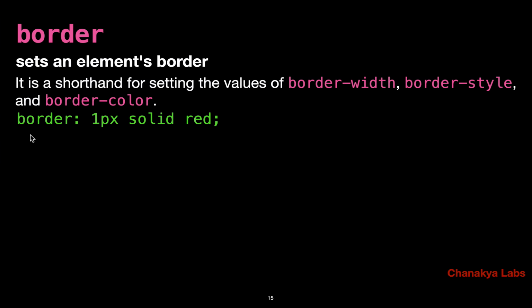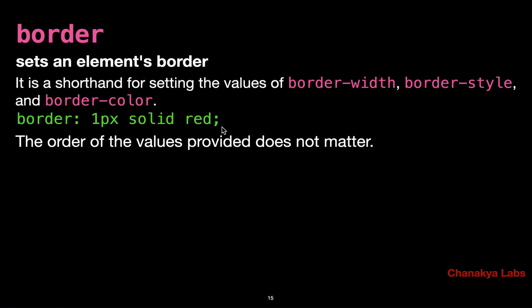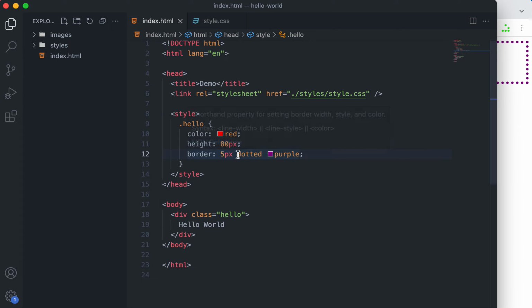As we discussed, the syntax is simply like this. Next thing I wanted to highlight is that the order of these values does not matter, which means that you can write something like solid red 1 pixel or 1 pixel red solid, it does not matter. Why? Because from the values only, CSS knows what you are trying to say. So if you say, let's say, dotted 2 pixel, and this thing in the middle or red, CSS knows that this pixel value can only be width, nothing else, right?